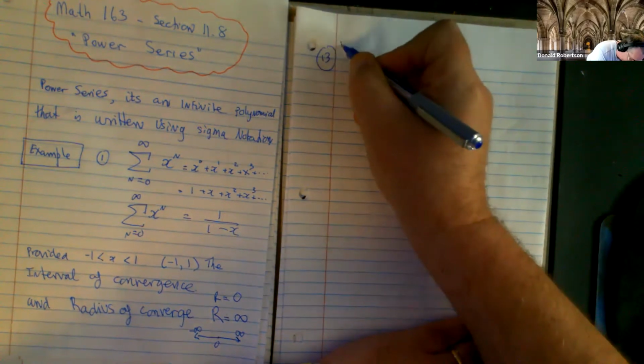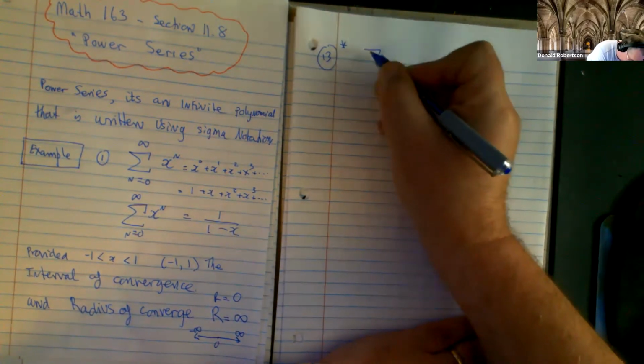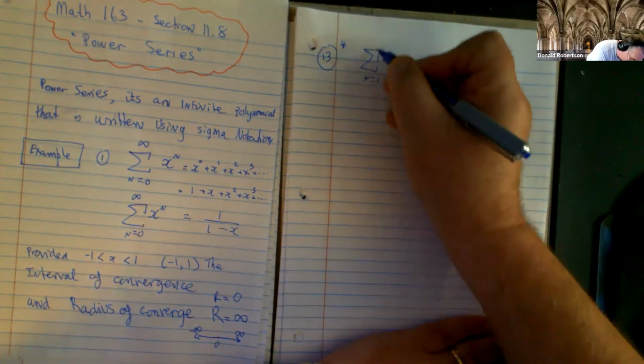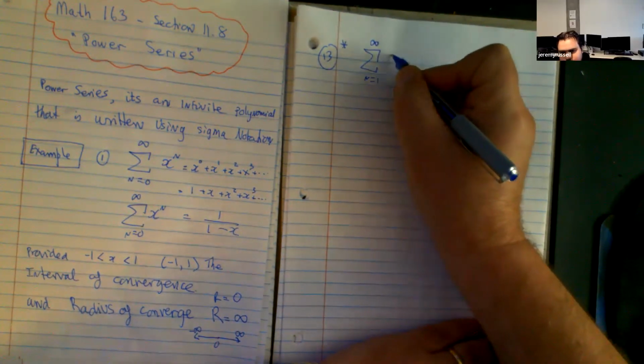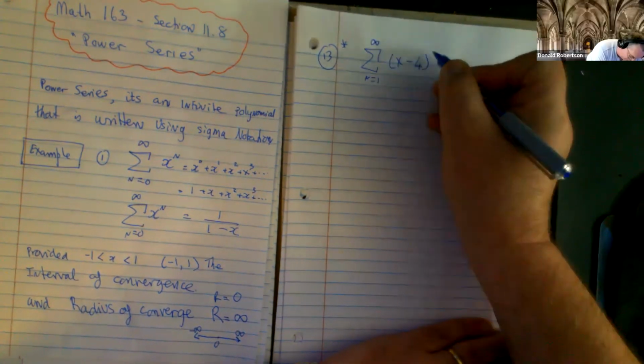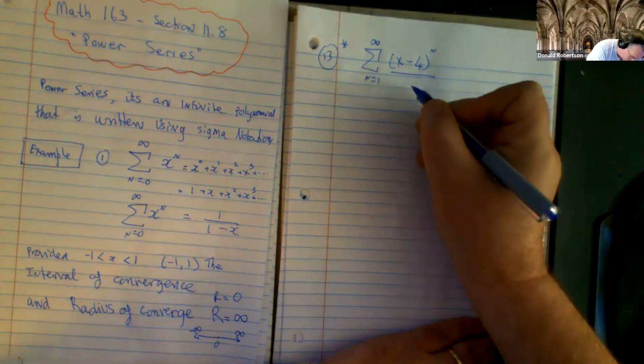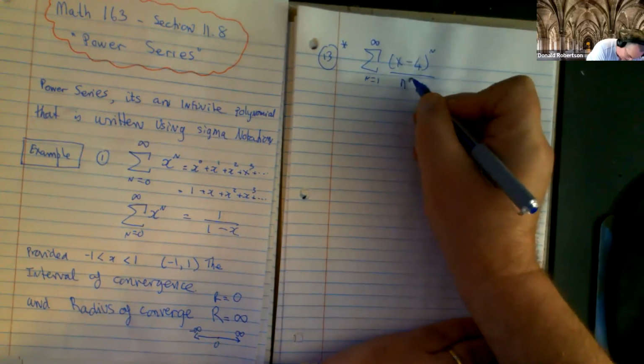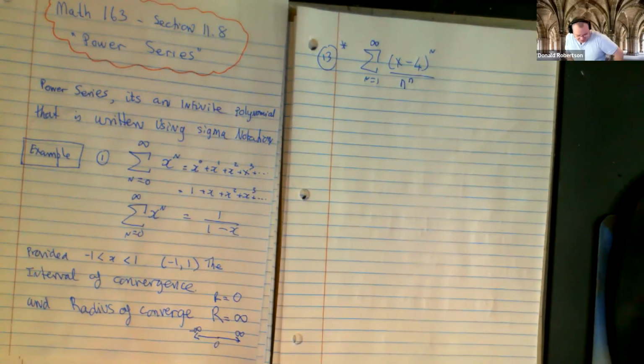Let's do this one, 13. Sigma n equals 1 to infinity, (x minus 4) to the n over n to the n. Now I've chosen this one as a special case.